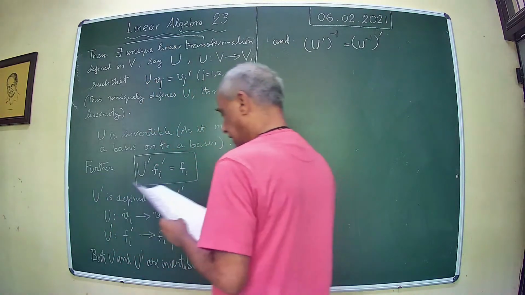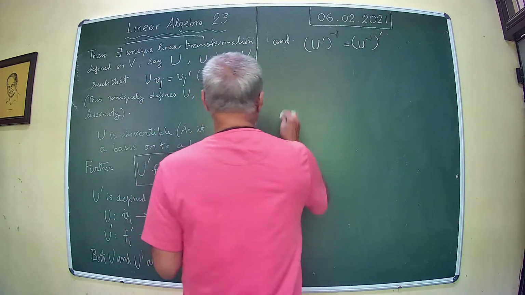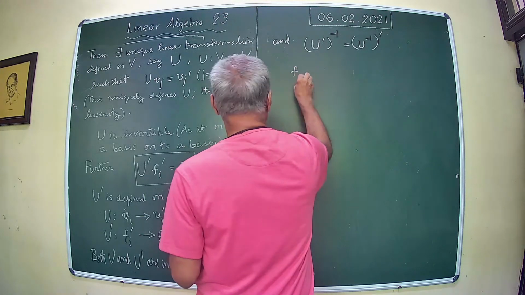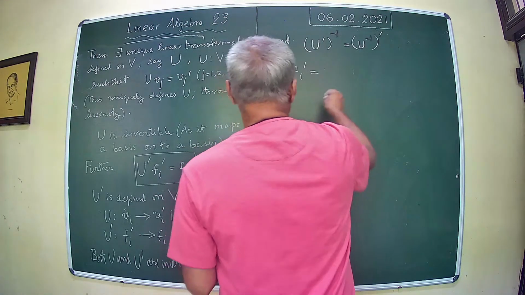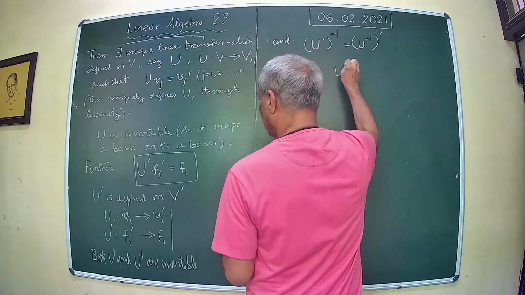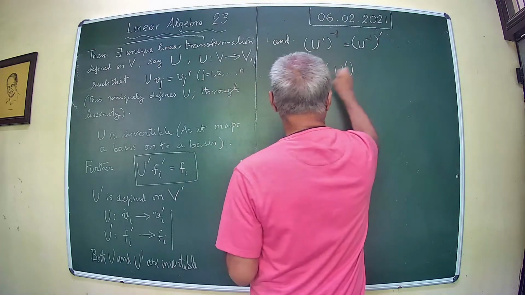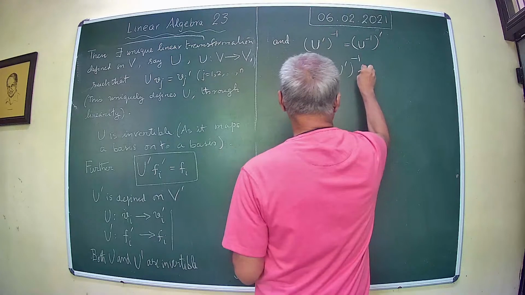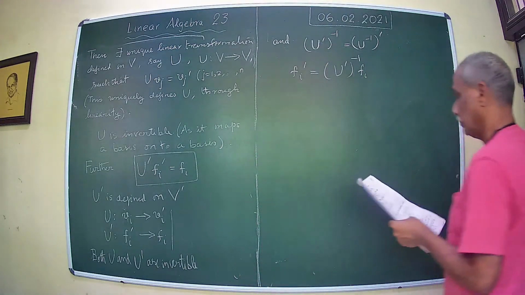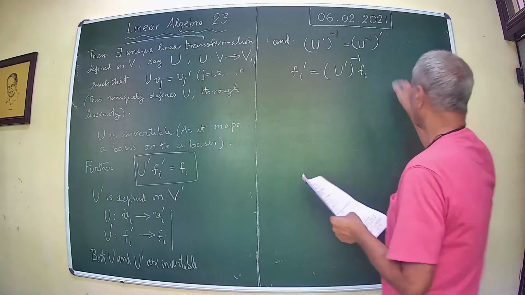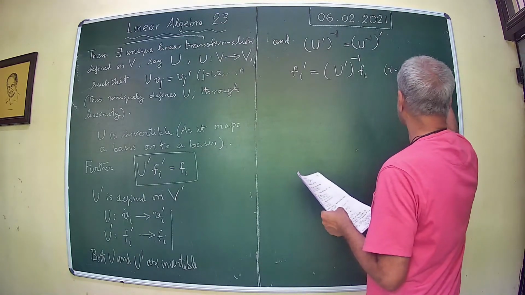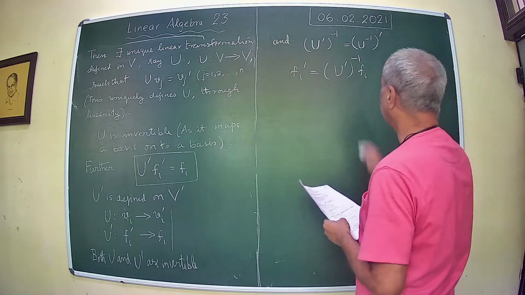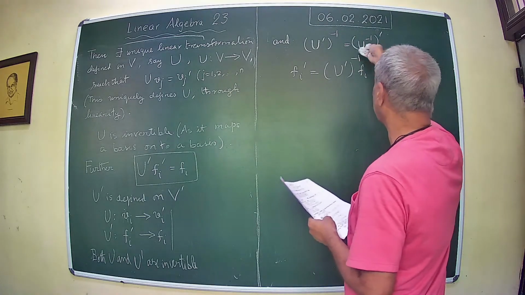Okay. Therefore, you have Fi prime is equal to U prime inverse of Fi. This is true for i equal to 1 to n. And that I can replace like this.